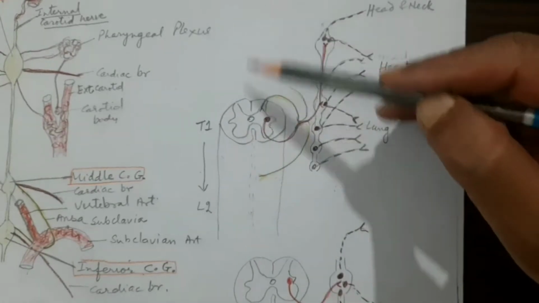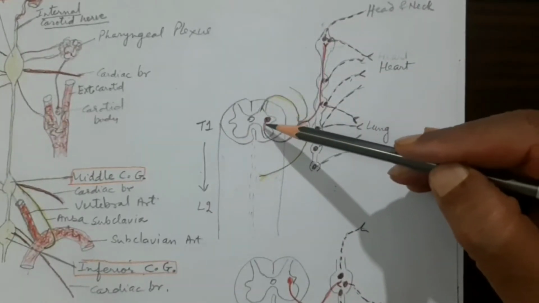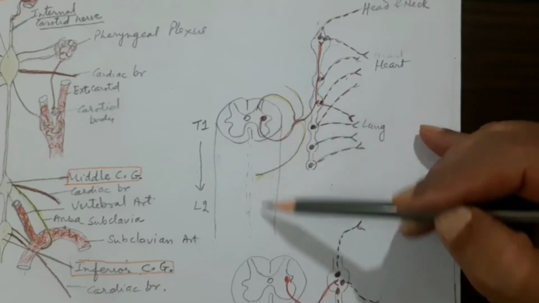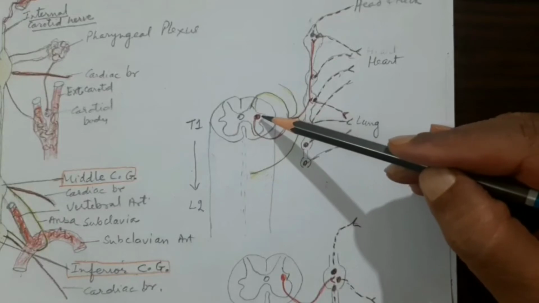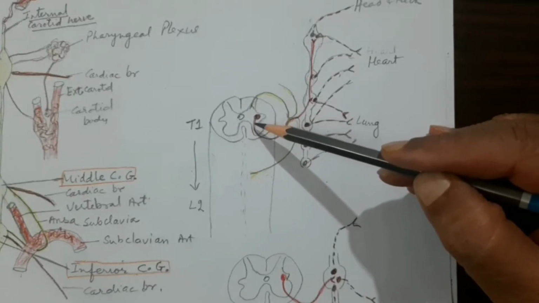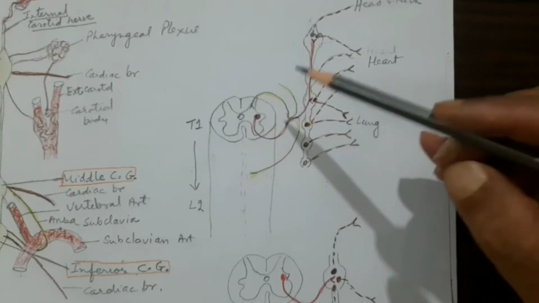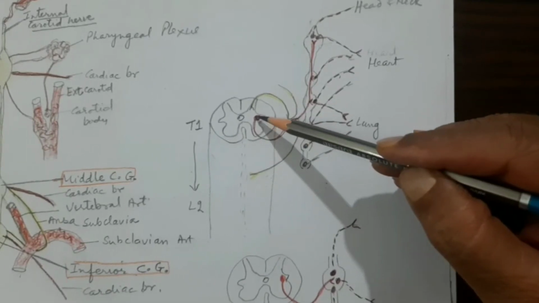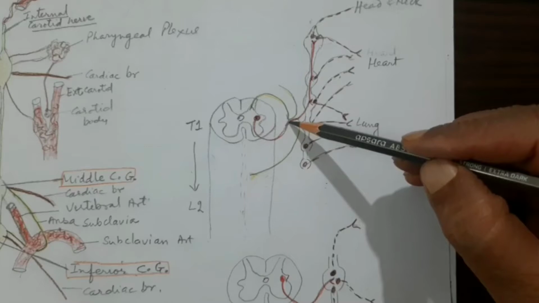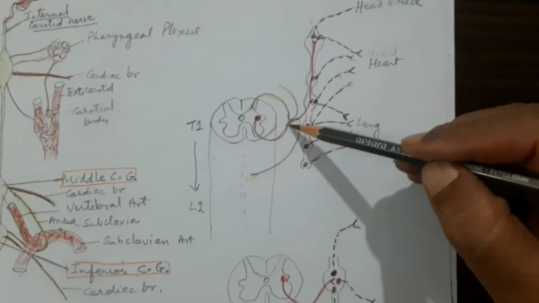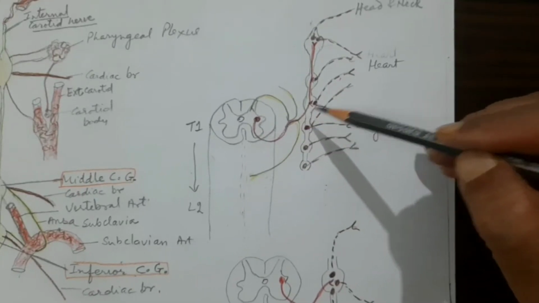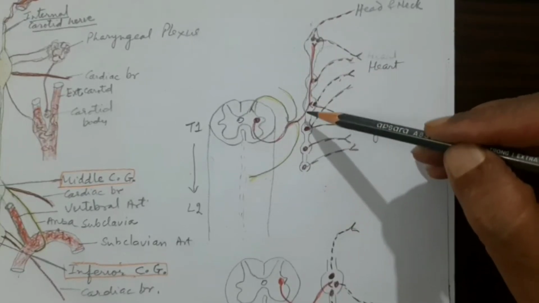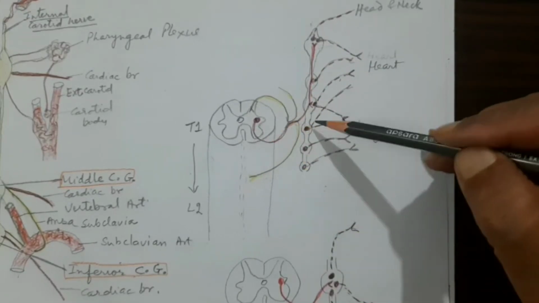In the cervical part of the spinal cord, these sympathetic neurons are not there. They are only located from T1 to L2 segment of the spinal cord. So they will send the preganglionic fibers or axons. See this axon arising from these sympathetic neurons; it runs with the ventral root, then the trunk, and then goes to the sympathetic trunk located by the side of the vertebral column.